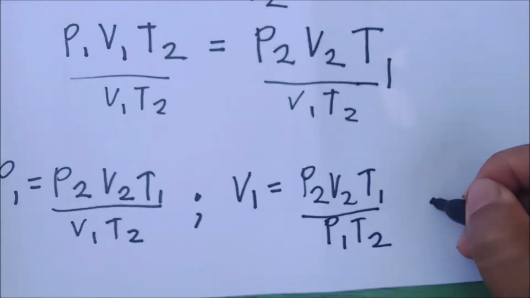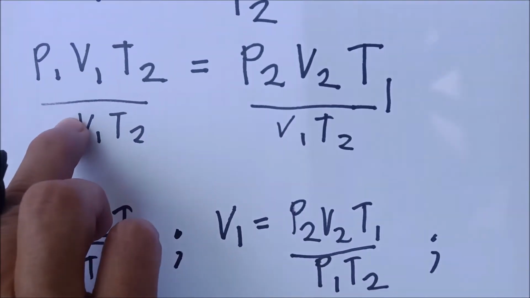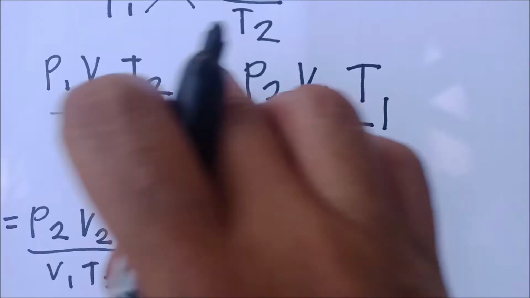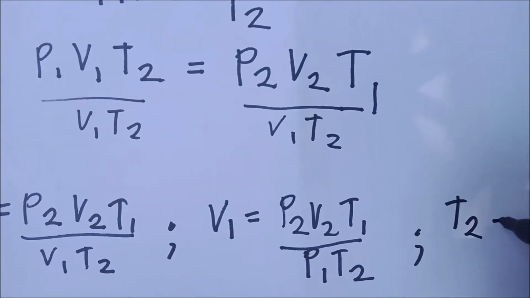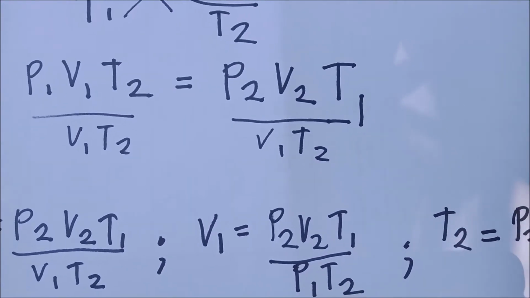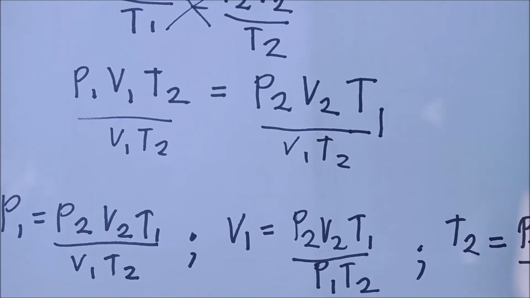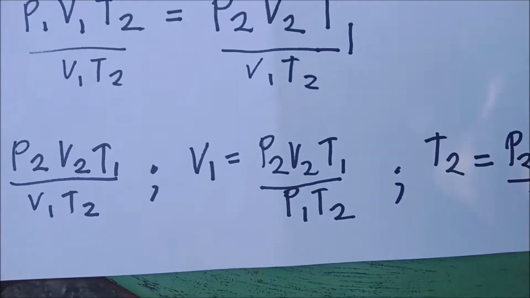Am I right, class? And lastly, eliminate on this side P1 and V1 so that you can get the formula for T2. So T2 will be P2 V2 T1 over P1 V1.